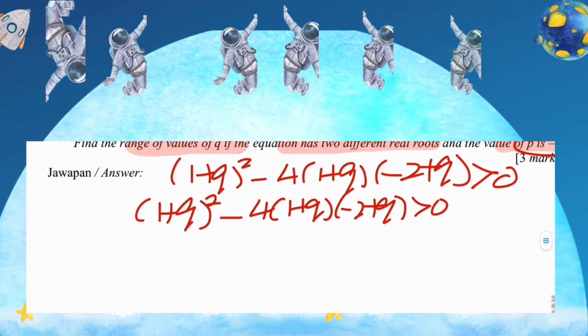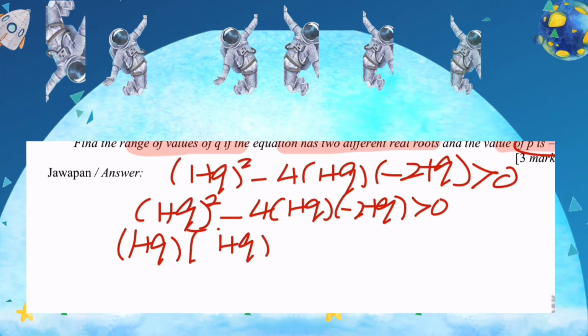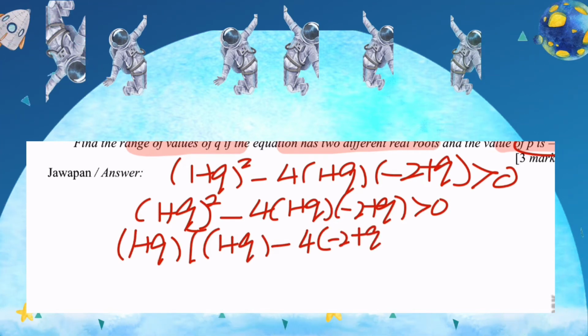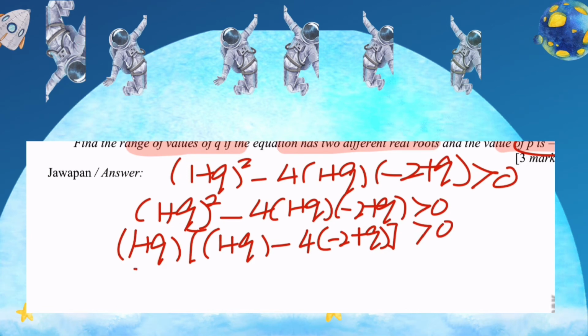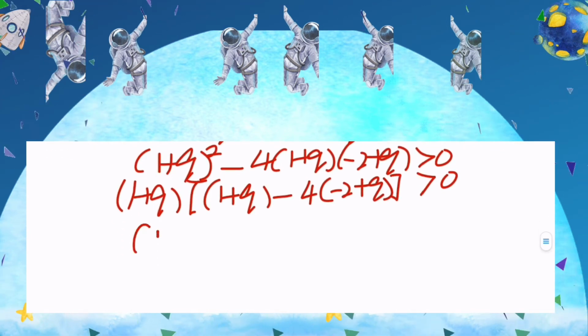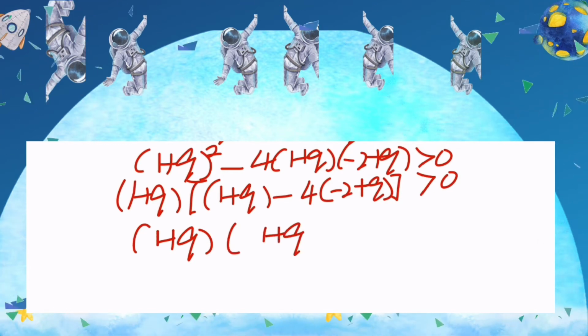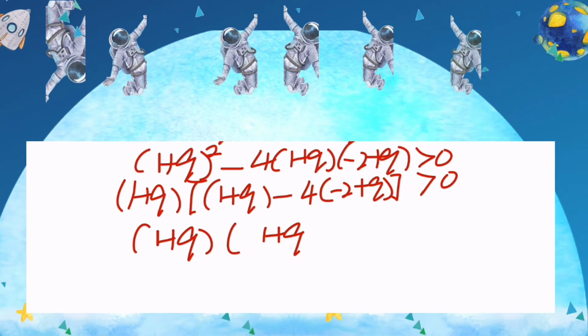So I'm going to do the expansion carefully. So 1 plus q is a common factor, right? I factorize the 1 plus q. So left (1 plus q) minus 4 times (-2 plus q). The method that you use will be shorter. It will save your time.